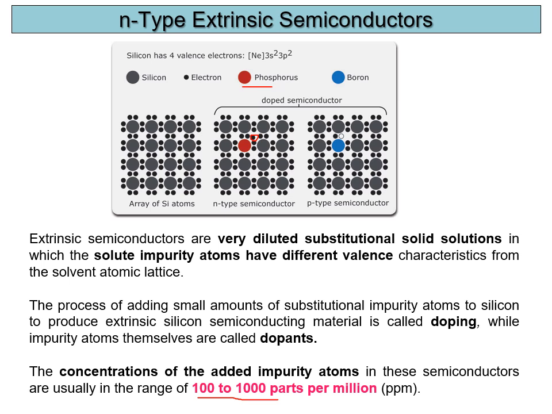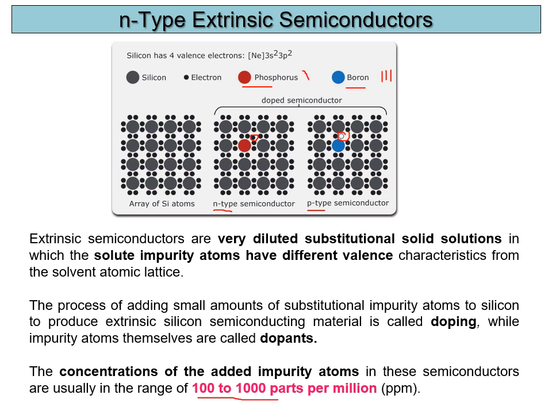By doping with phosphorus, we get the extra electron, or an N-type semiconductor. While boron comes from group 3, so it lacks one electron. By combining this boron with silicon, we get a hole here. So when we have a hole, we call it a P-type semiconductor.